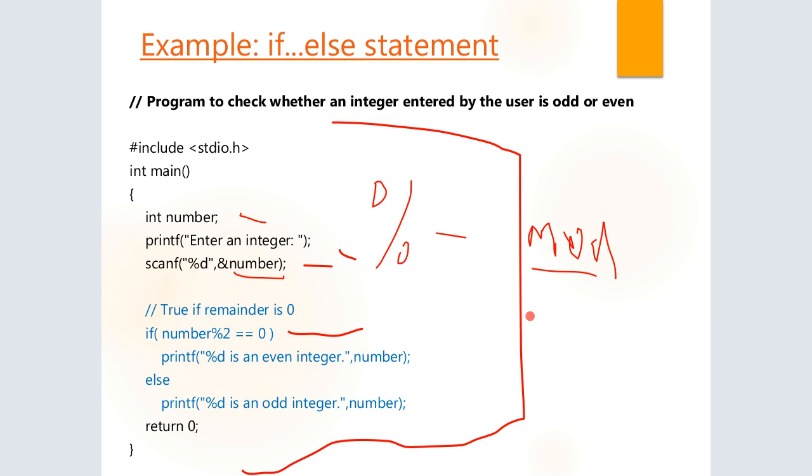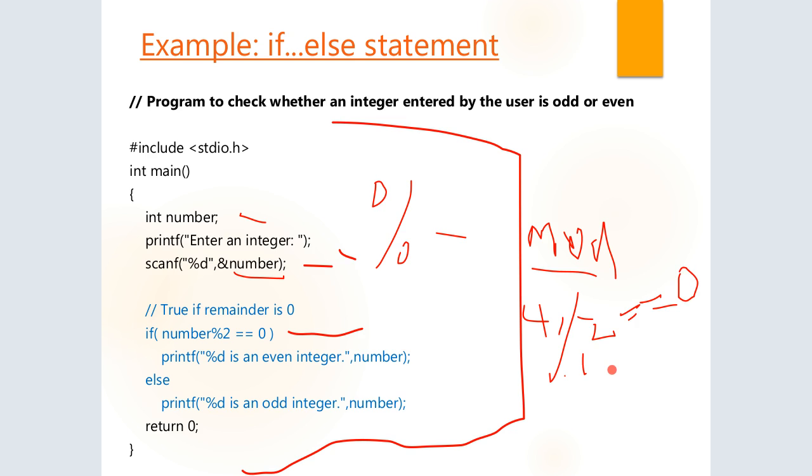So, for instance, 4 modulus 2 is supposed to be equal to 0. 5 modulus 2 is supposed to be equal to 1.